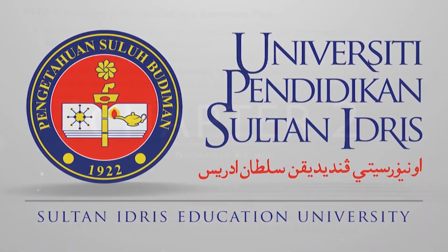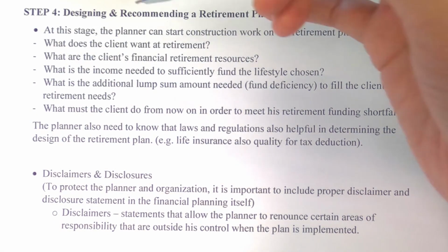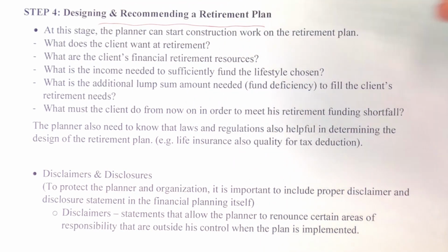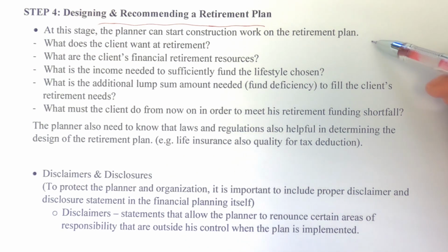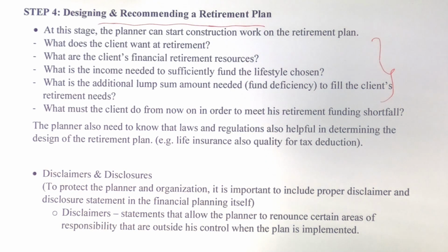Now we are in step 4, the phase of designing and recommending a retirement plan. At this stage, the planner can start to construct the retirement plan, and at the same time has to make sure that all of this information is always at the back of the planner's head at all times when constructing the retirement plan.